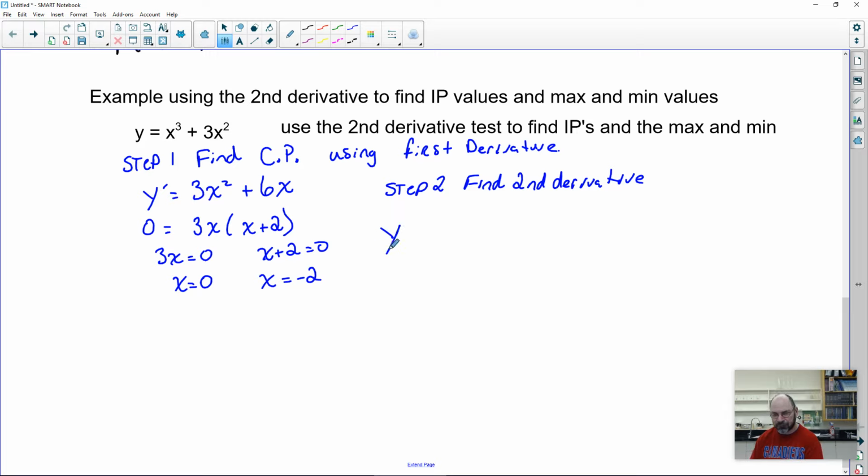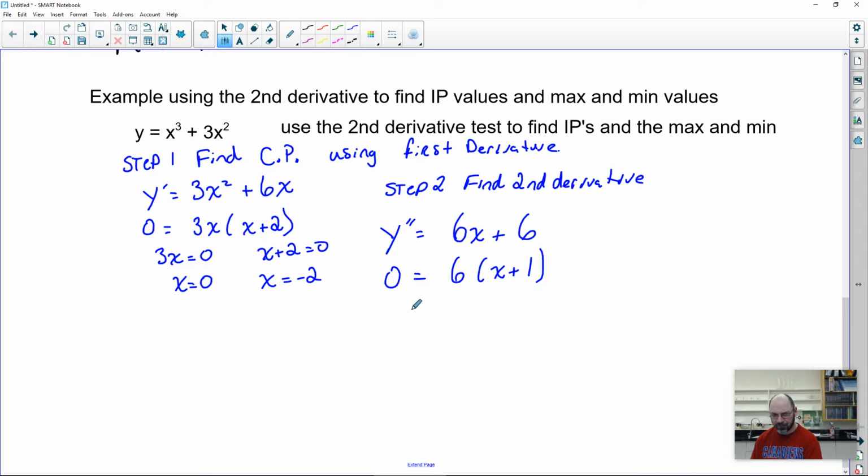For the second derivative, we just put 2 primes. So 2 times 3 is 6x plus 6. If we set this to 0, we get 6 times x plus 1.